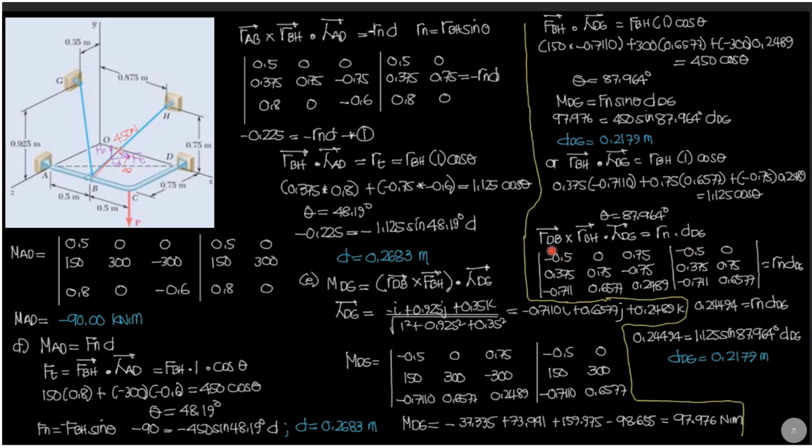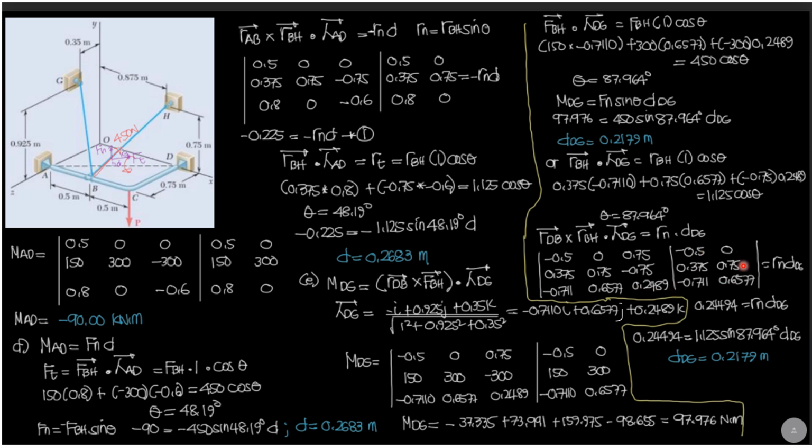Then we evaluate r from any point on the axis to any point on the line BH. So r_DB cross r_BH, then dot lambda of axis DG. r_DB again is negative 0.5 i, positive 0.75 k, so negative 0.5, 0, 0.75. This is r_BH, then unit vector DG.